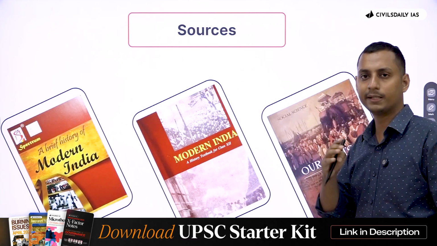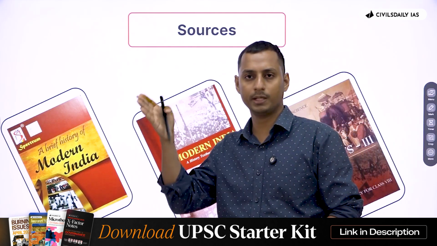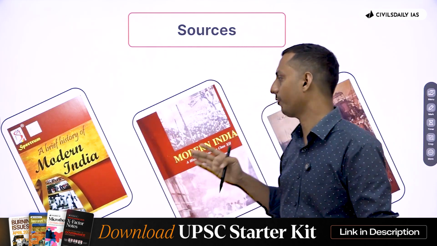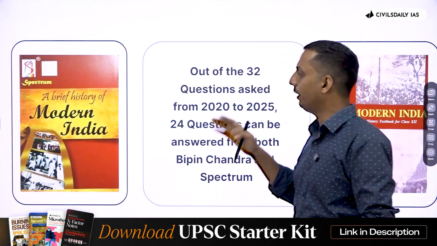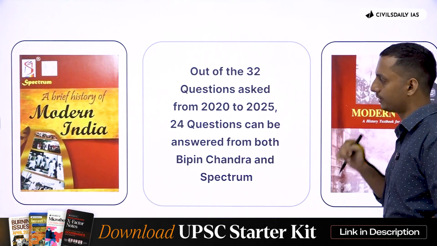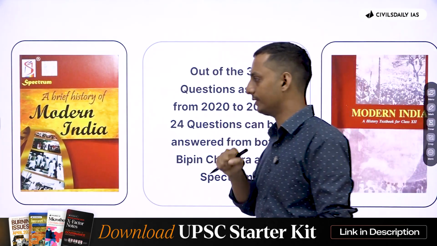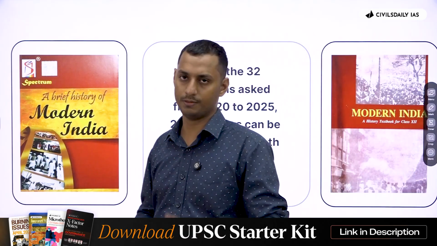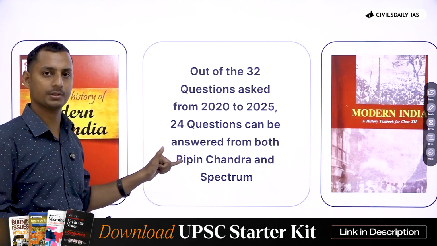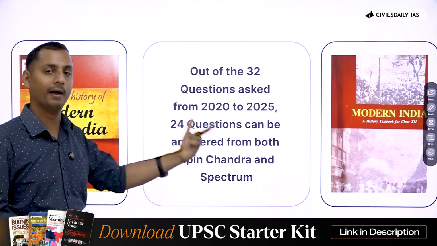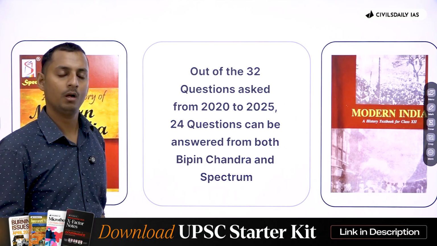I'm taking off the new themes book here because you are already focusing on the old NCERT and also Spectrum. If you dive deeper, you'll understand that out of the 32 questions which came in the last 6 years, around 24 questions can be answered by reading Spectrum and Bipan Chandra.